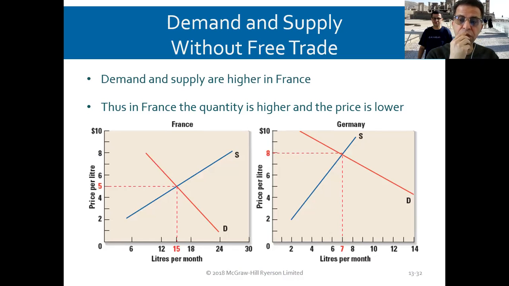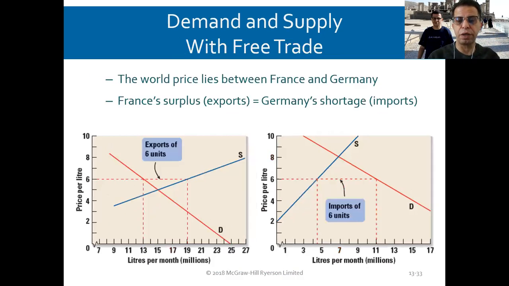Because they consume more wine, the production is higher, so the cost is lower, so the price of wine is cheaper. On the other hand, because Germany is consuming less wine, what will happen? The production is lower, the cost is higher for the suppliers, so the price is higher. So there is cheaper wine in France versus more expensive wine in Germany.